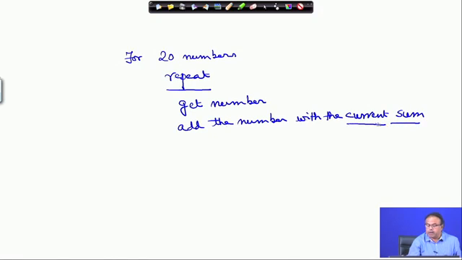That means, presently whatever is the value of sum, I add that number that I read with that.